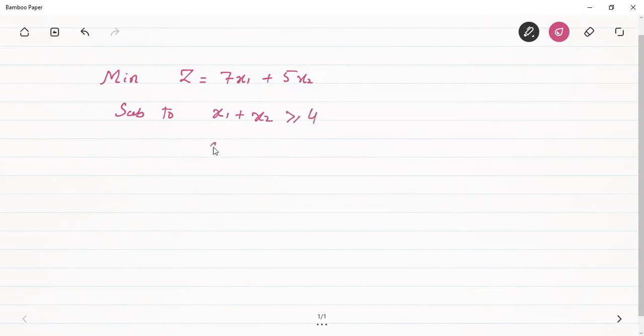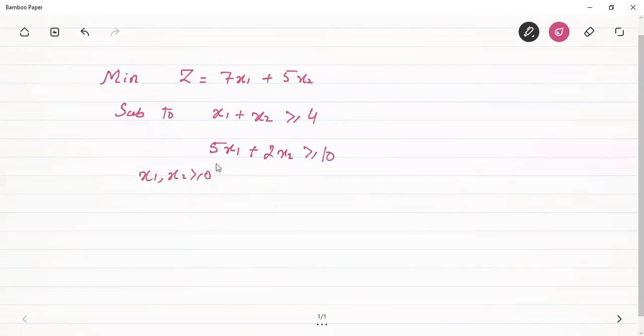And the second constraint is 5x1 plus 2x2 greater or equal to 10. Okay, so this is the question which we are going to discuss here, and the decision variables are greater or equal to 0.